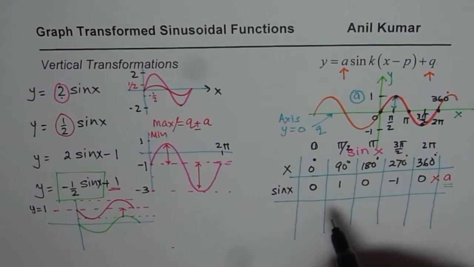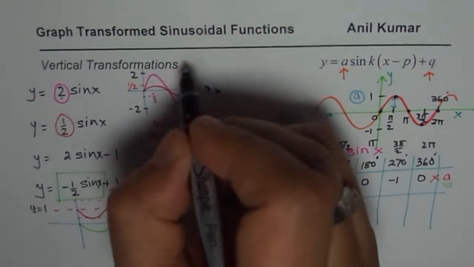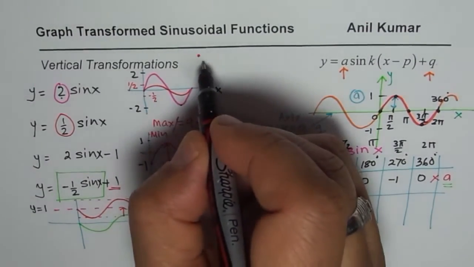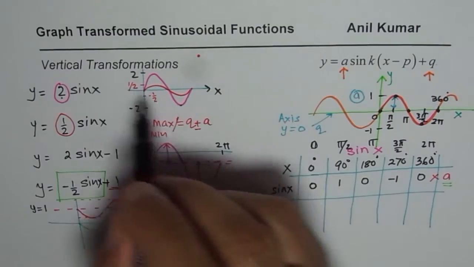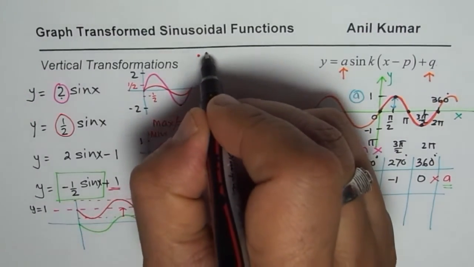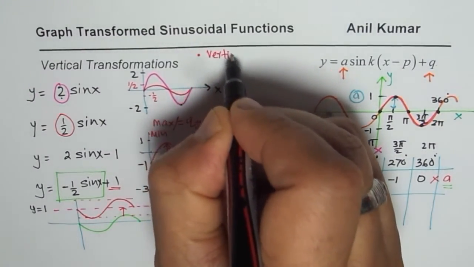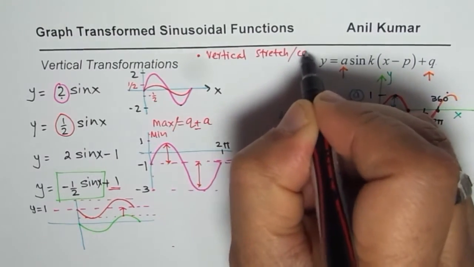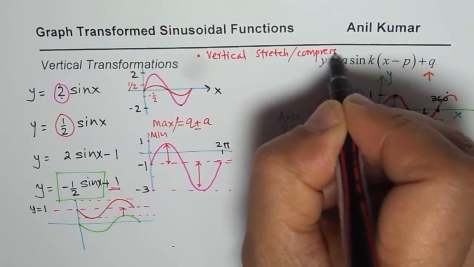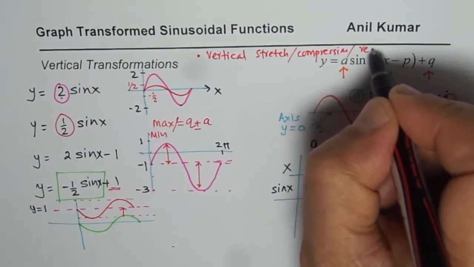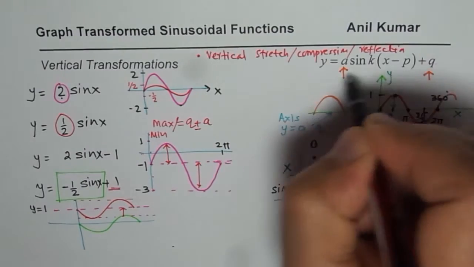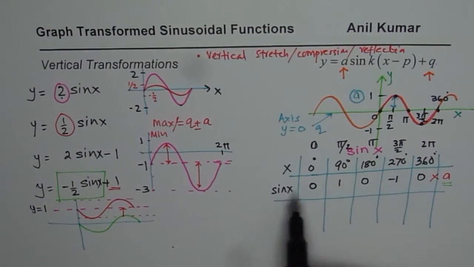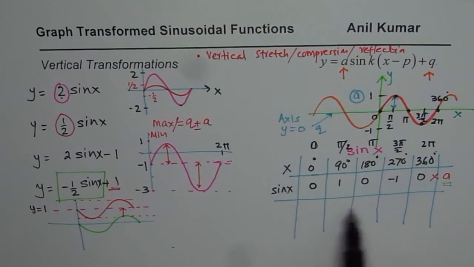So what we can summarize here: whenever you have a transformed sinusoidal function, the first step should be to sketch the graph with the vertical stretch or compression, or I should say or reflection, right? So the value of a. In these 5 points, you should multiply them with a to get your values.